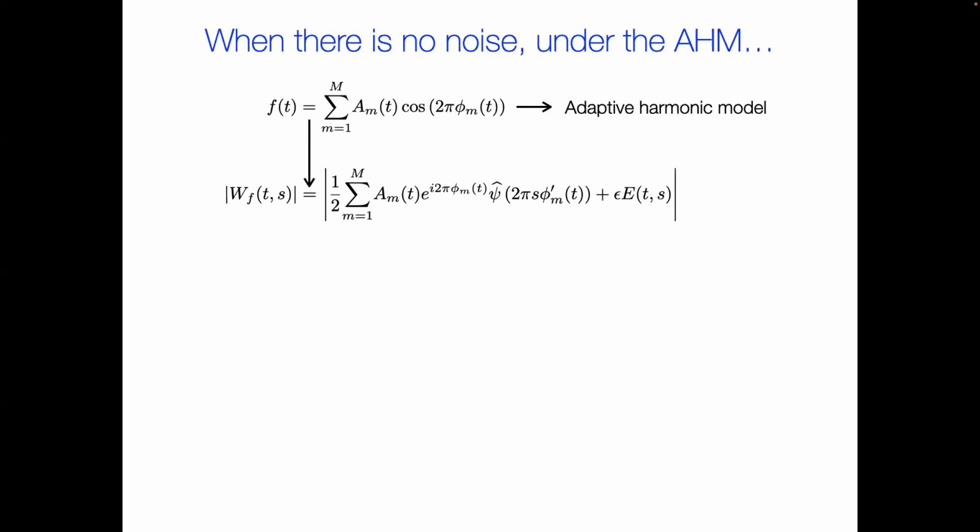Why? Because the adaptive harmonic function signal has time varying frequency and amplitude, but frequency and amplitude don't change too fast. So locally, you can use Taylor expansion to represent the amplitude and frequency, and you have some polynomial terms.